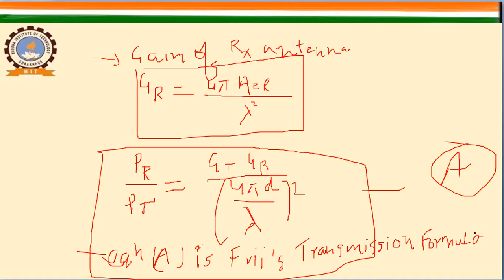Now move towards the transmission path loss. This transmission path loss can be derived if you know the Friis transmission formula.